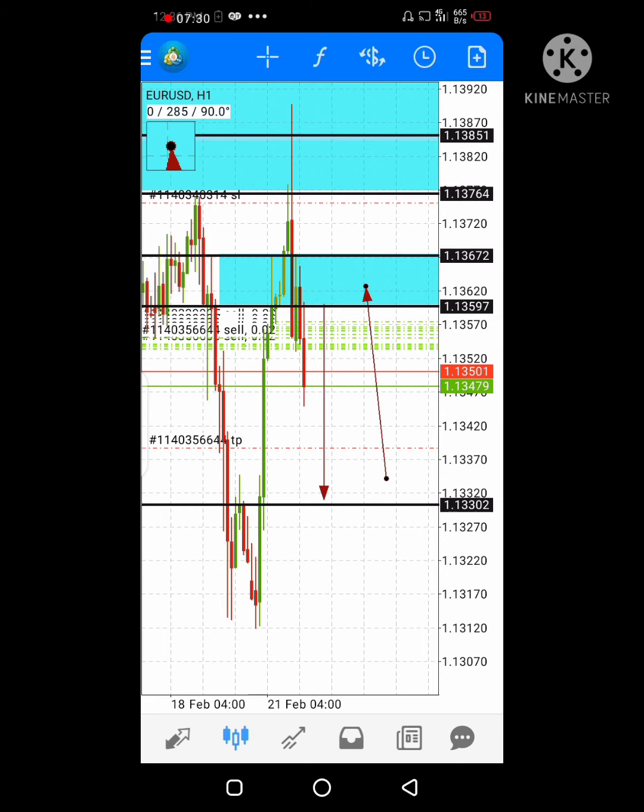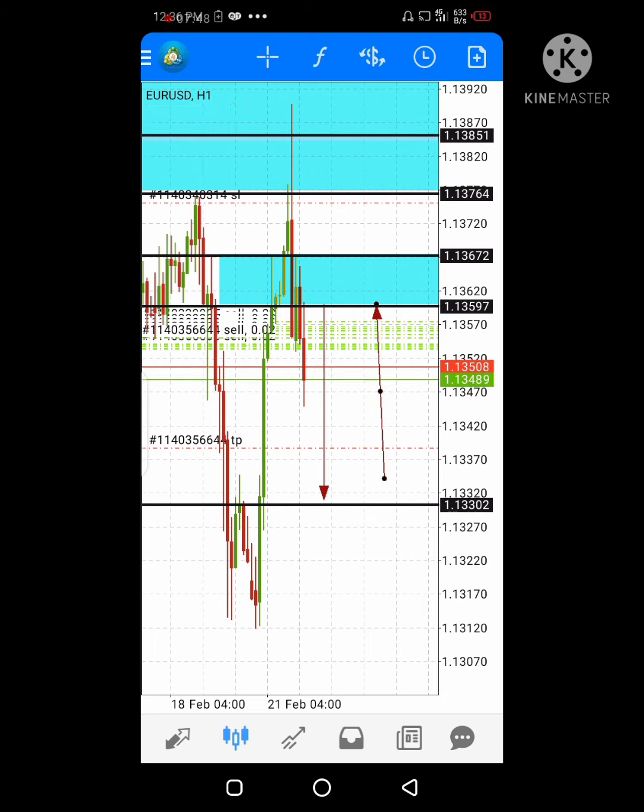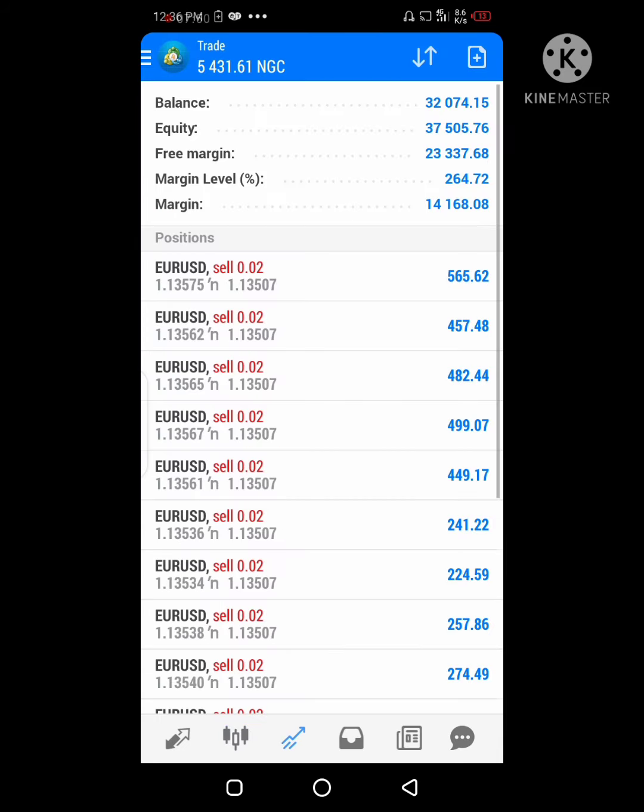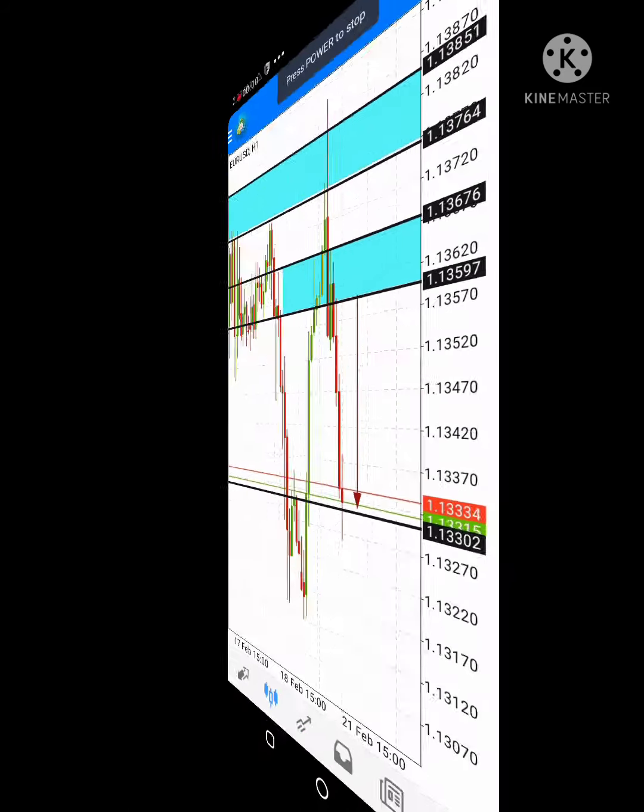So I did not really plan for this entry, but it's going well based on this breakout of this supply zone here. That was why I entered for this second side. So I did not just place my entry randomly. So let's watch and see the outcome of this trade. Thank you.